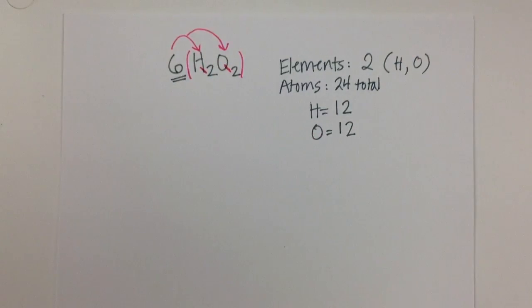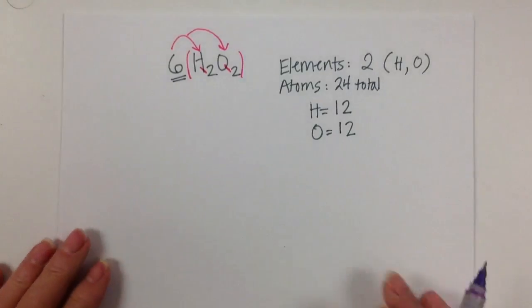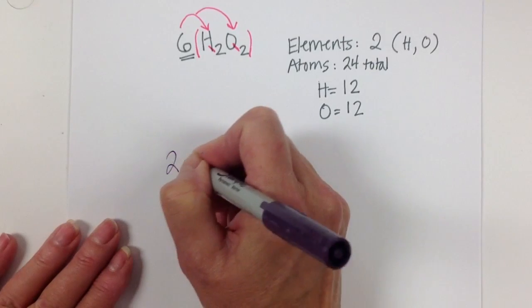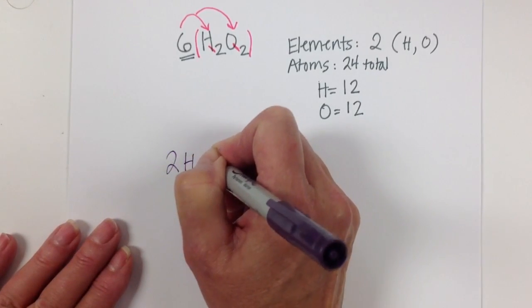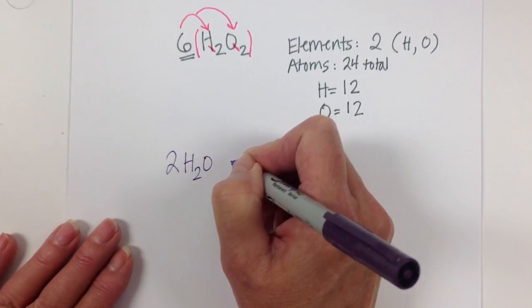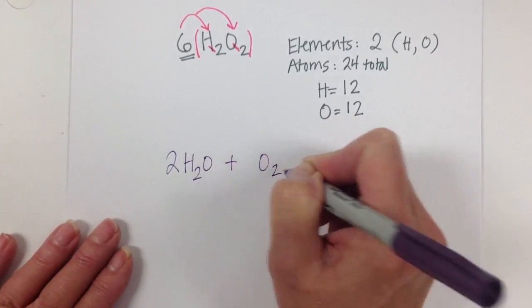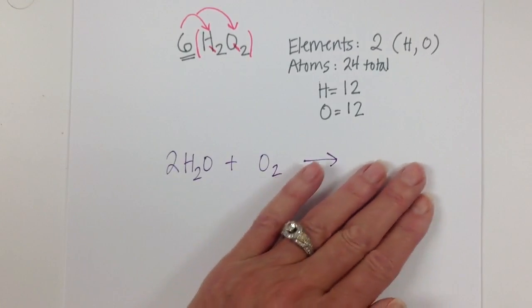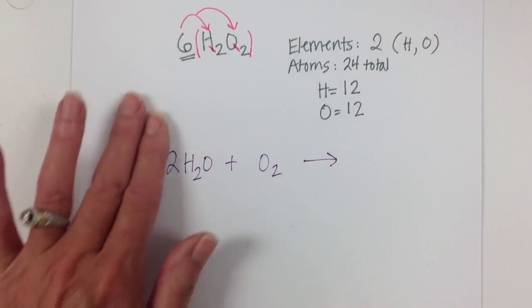Okay, before we move on to independent practice, I want to let you know that we're building up to looking at chemical equations. When you're seeing subscripts and coefficients in a chemical equation, let's say there's 2H2O plus O2 yields, and I'm not really worried about you understanding this right now. We'll get there.